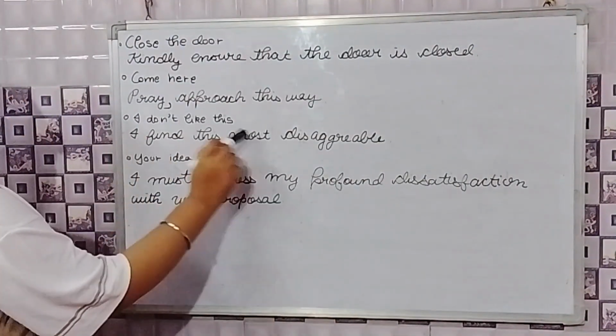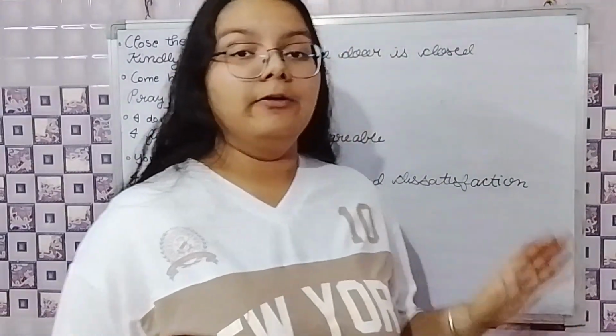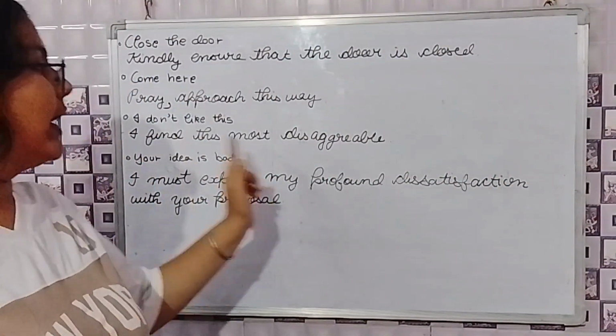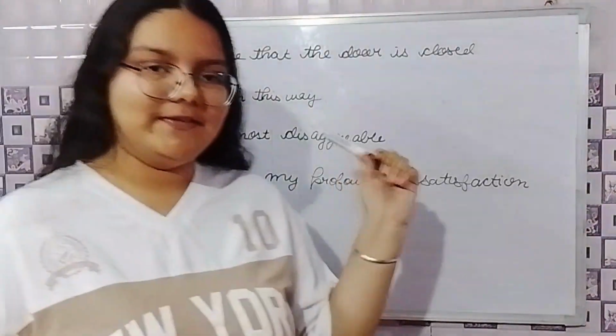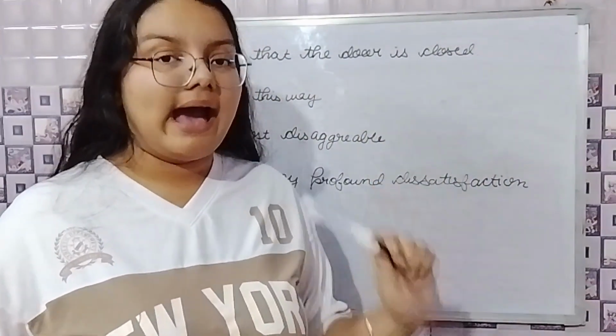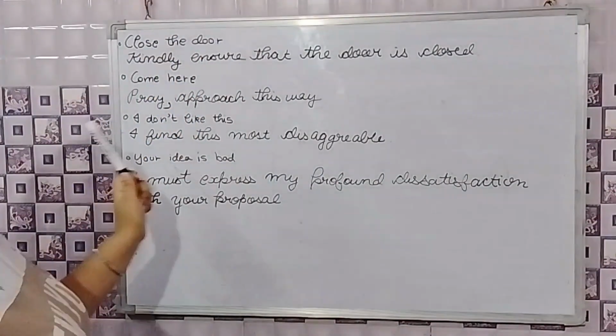Next sentence. "I don't like this." "I hate this." "I find this most disagreeable." We've learned in the previous section that we change "I am" to "I find myself." So "I find this."